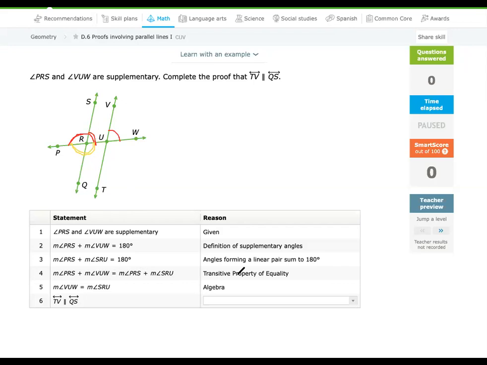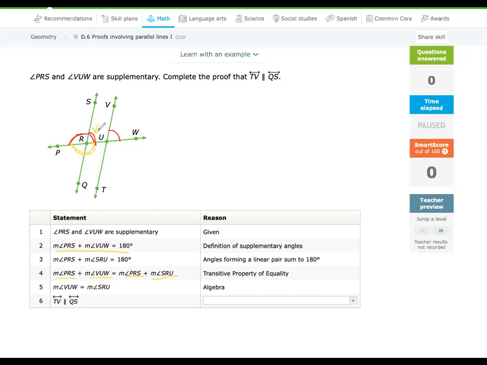All right, the next one, transitive property of equality. This is an important one as well. So we've been looking already at PRS plus VUW. That's what we saw right here in statement number 2. So that's equal to 180 degrees. And this one, PRS, same thing as over here, plus SRU, that's the transitive property of equality. So where's SRU? SRU, that one right there.